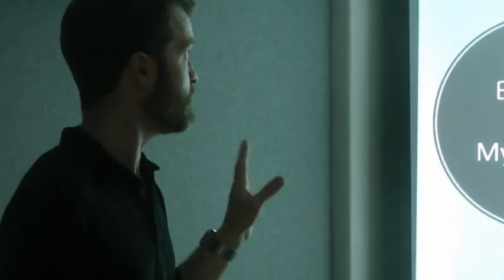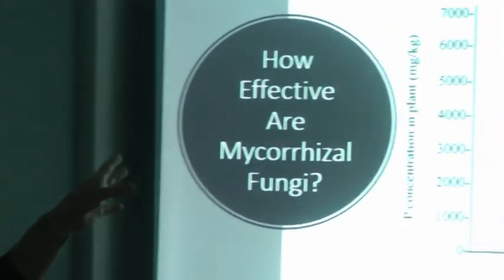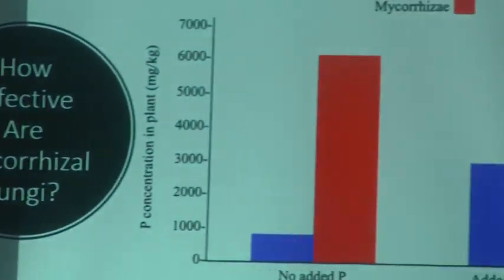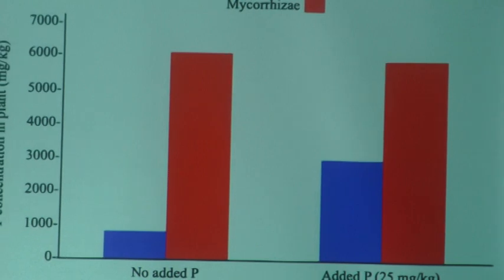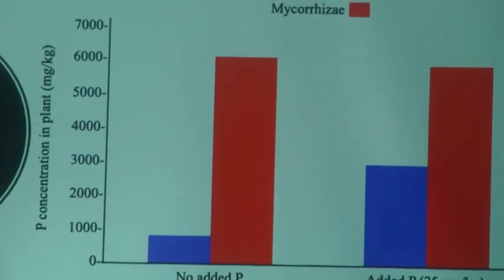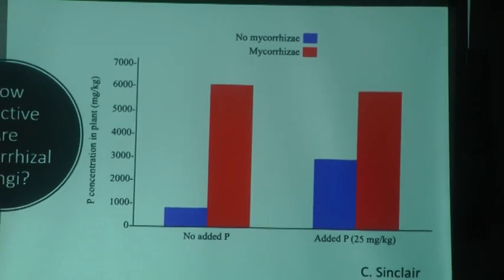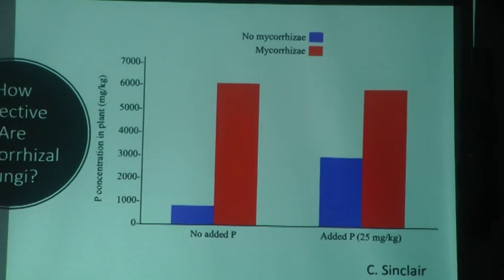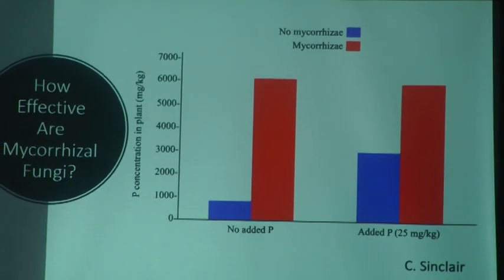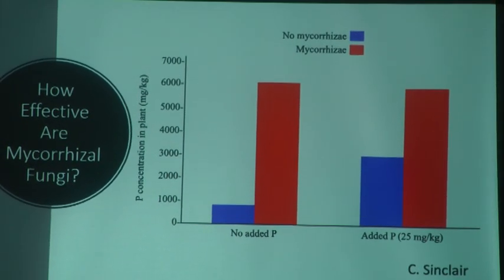Here's another example of what mycorrhizae do, and this data I selected from some of the scientific work of Clive Sinclair, the late founder of Pacific Biofert. They did this work where they measured the phosphorus concentration in the plant.